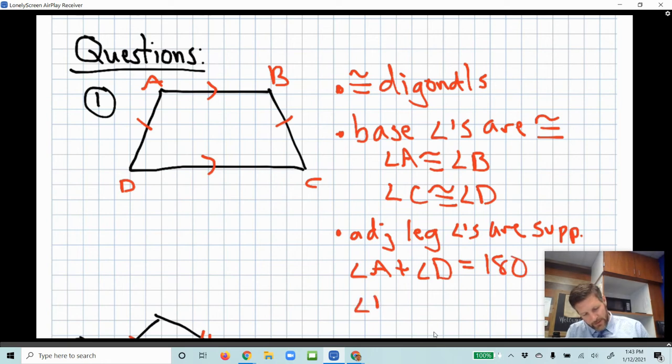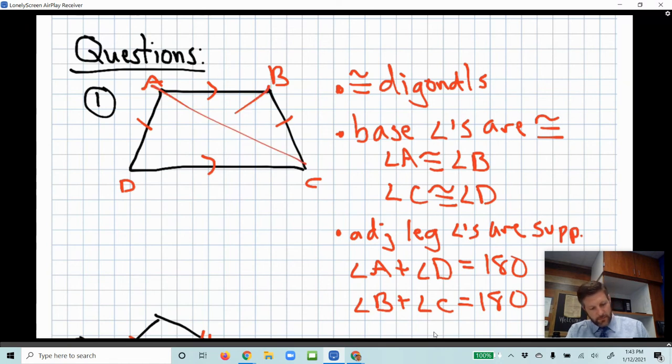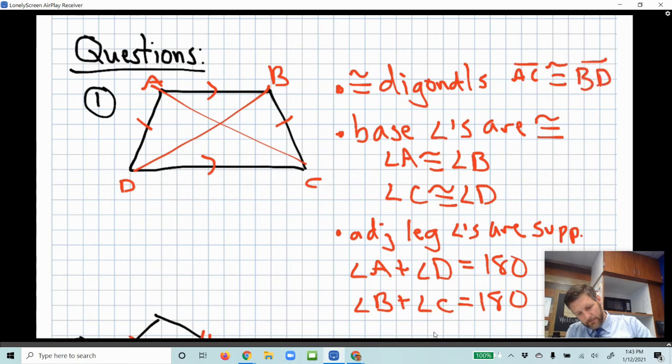Same thing, angle B plus angle C equals 180. So in an isosceles trapezoid, all three of those things you can know to be true. Base angles are congruent, the adjacent leg angles are supplementary, and the diagonals, we could do it this way, AC is congruent to BD. Those are the superpowers of your isosceles trapezoid.